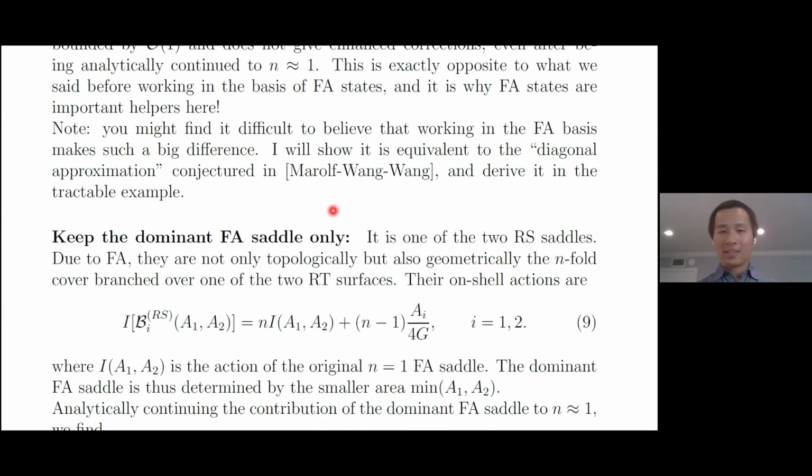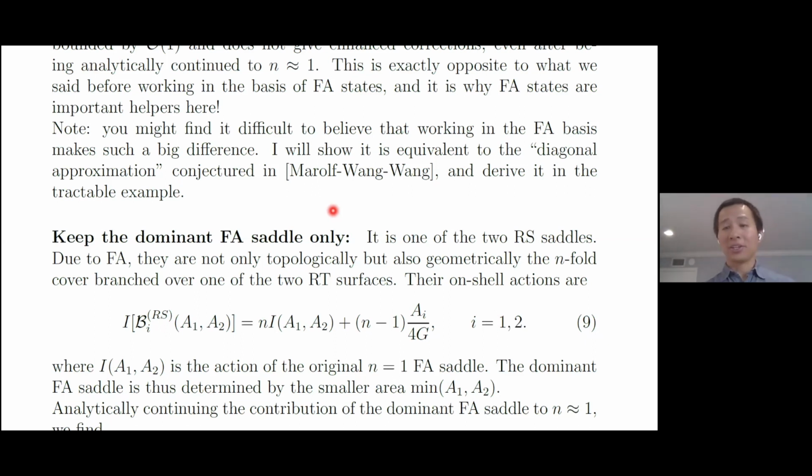This is then easy because it's one of the two replica symmetric saddles. Due to the fixed area constraints, they are not only topologically given by the n-fold cover in the bulk, but also geometrically. In other words, because we fixed both areas, we no longer need to include non-trivial backreaction. We simply replicate in the bulk and create a conical excess, and that's okay.